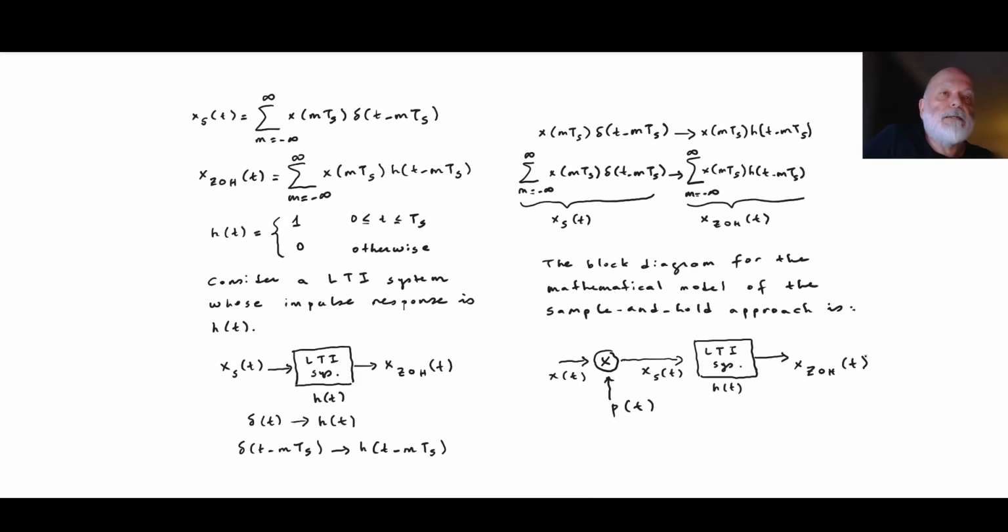So this is the block diagram, which is in fact the block diagram for the mathematical model of the sample and hold approach, because although we obtain x sub ZOH of t from x of t by very simple means, by using simple hardware just for sampling and holding that sample as a constant value for the following Ts time units.